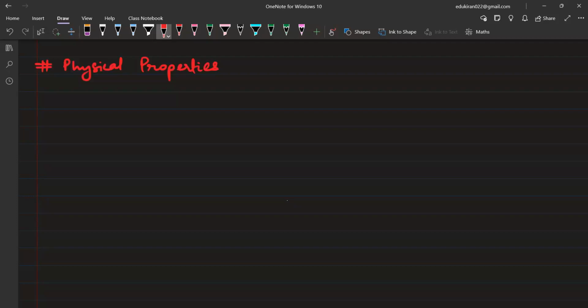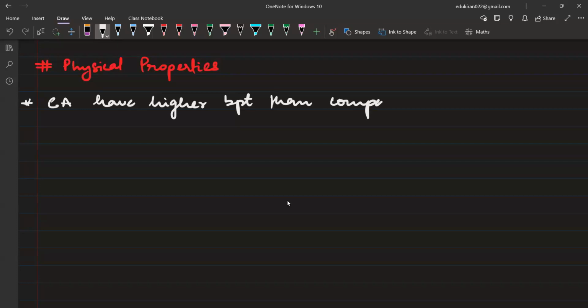Now, in physical properties, you write the first point that carboxylic acids have higher boiling point than comparable aldehydes, ketones, and even alcohols.